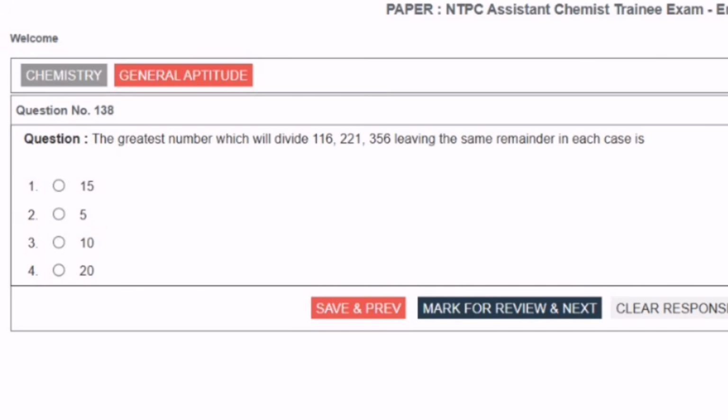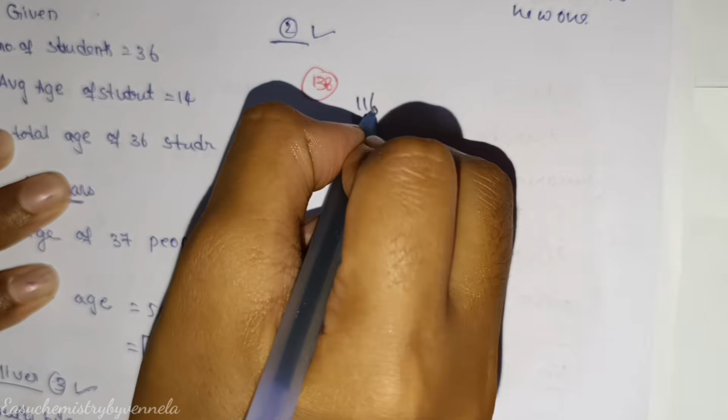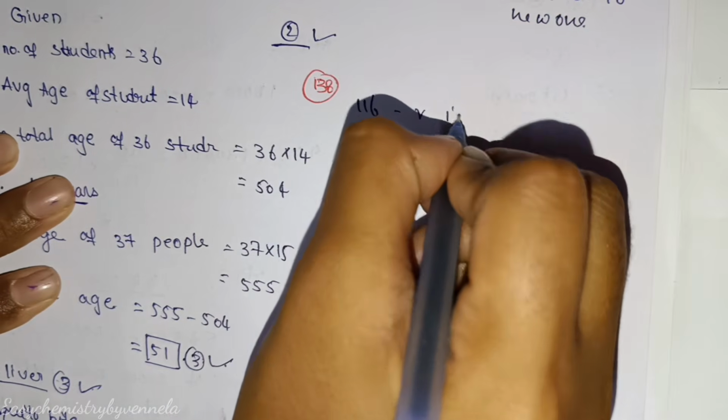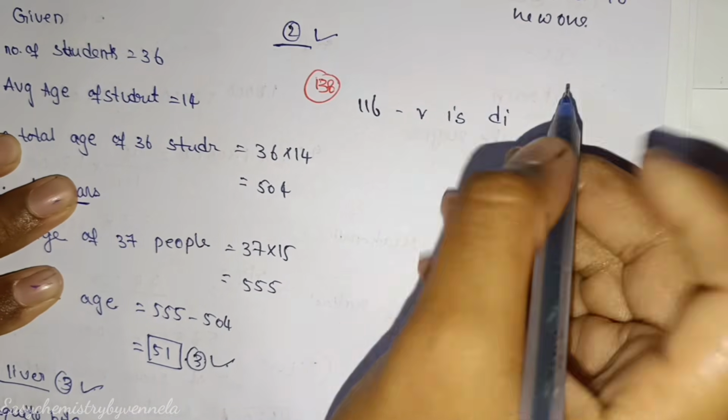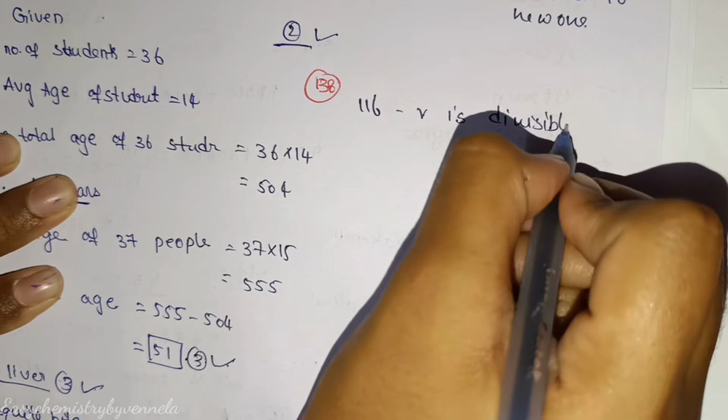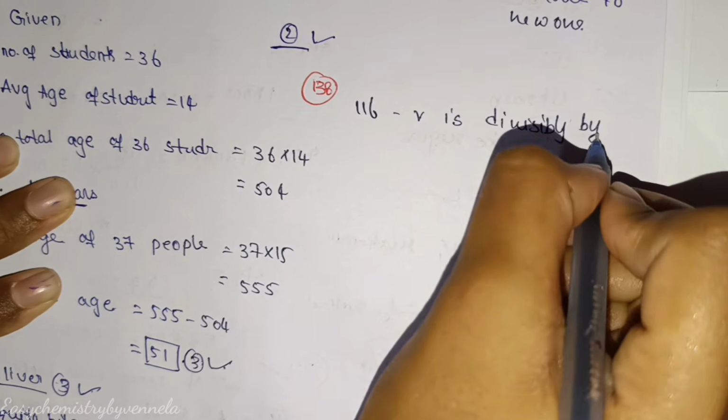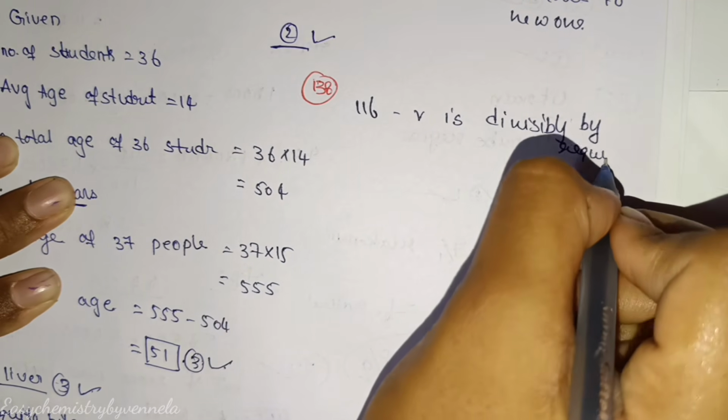Next question. The greatest number which will divide 116, 221, 356, leaving the same remainder in each case. Here, 116 with remainder R is divisible by the required number.